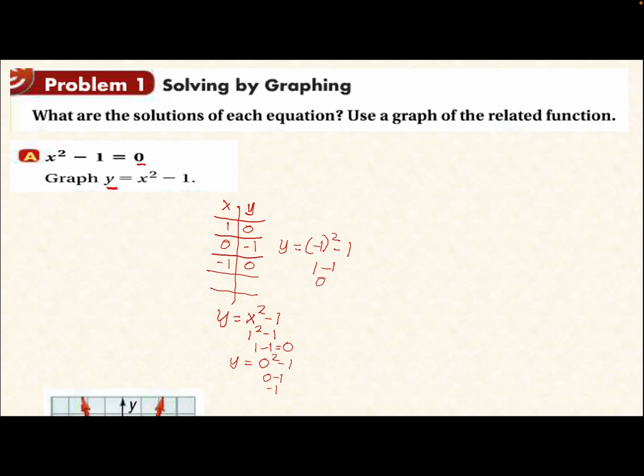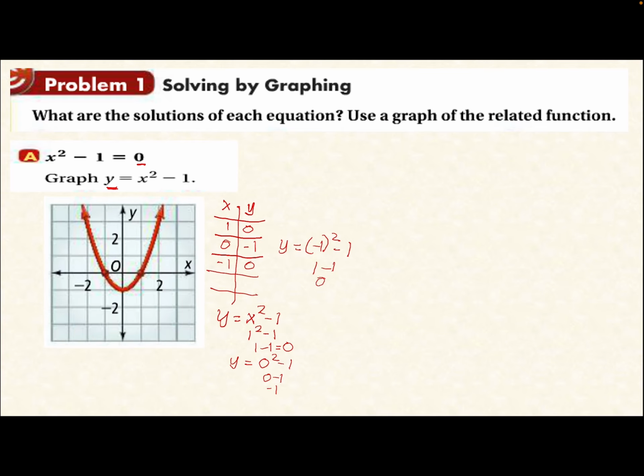Based on that, we can now graph the given quadratic equation. Here, this is 1 when y is 0. This is 0 when y is negative 1. And this is negative 1 when y is 0.